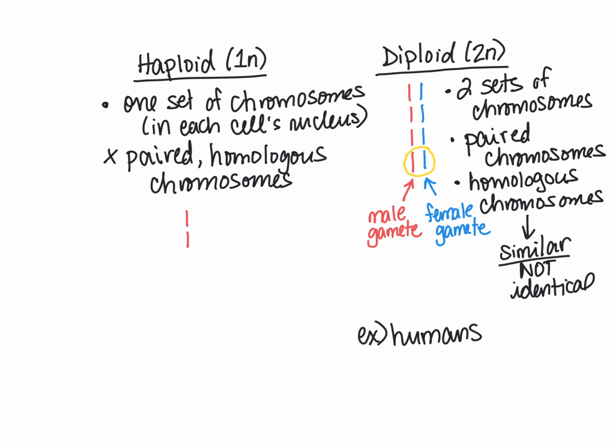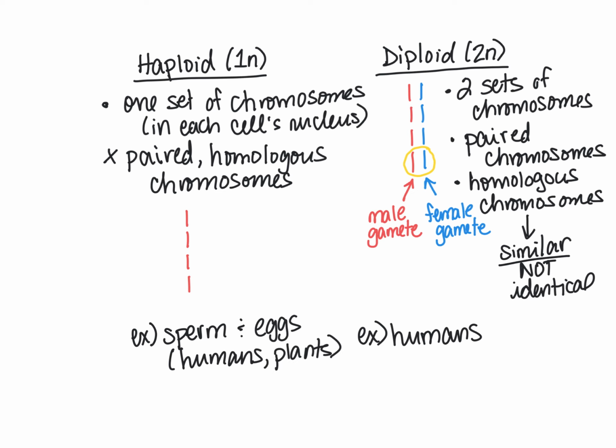You might just have one set of chromosomes in the cell's nucleus. An example would be the gametes in humans: cells like sperm and eggs are haploid. This could be in humans, or as we're going to find out, this also happens in plants.